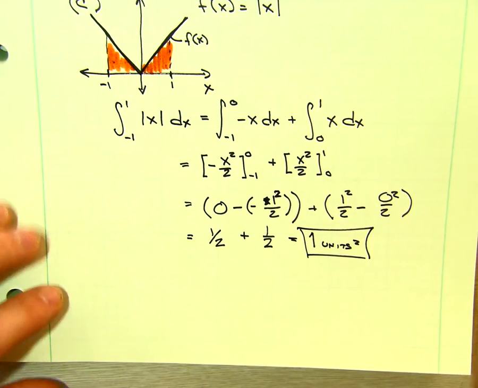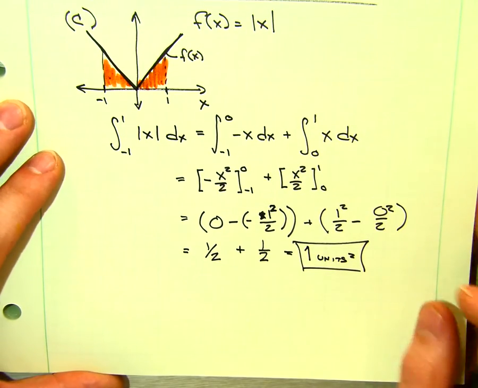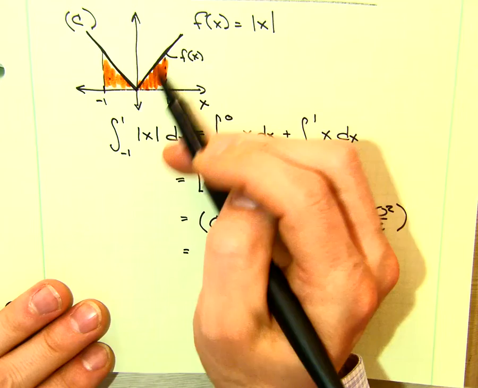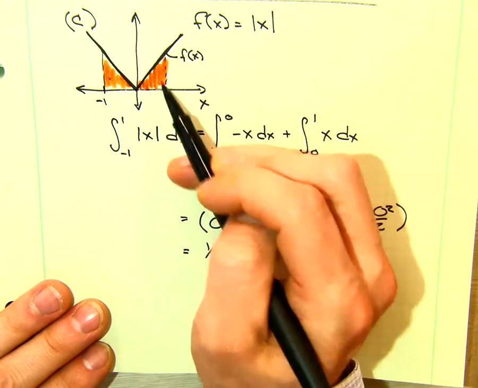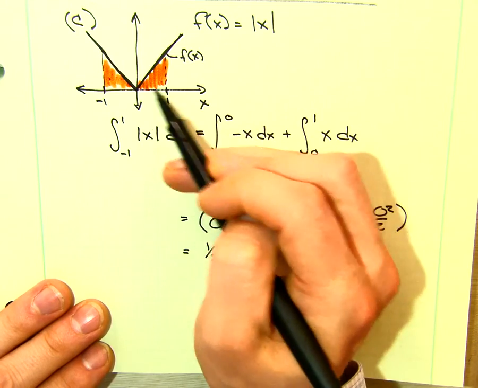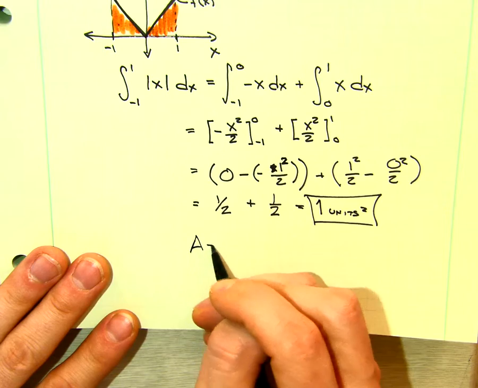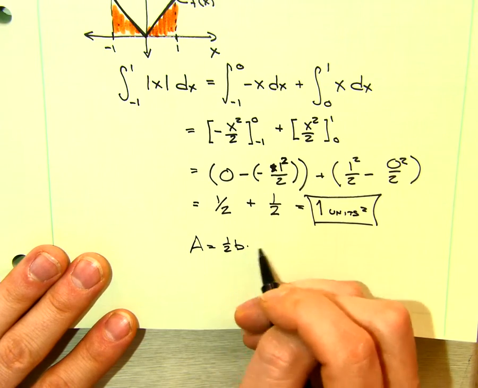And check this out. What we just did with this linear thing is just sort of a side note. I want you guys to take a look at it though. What are we looking at here? This orange region on the right is a triangle. This is the area of a triangle that we're trying to find. And the area of a triangle that we know is 1/2 base times height.